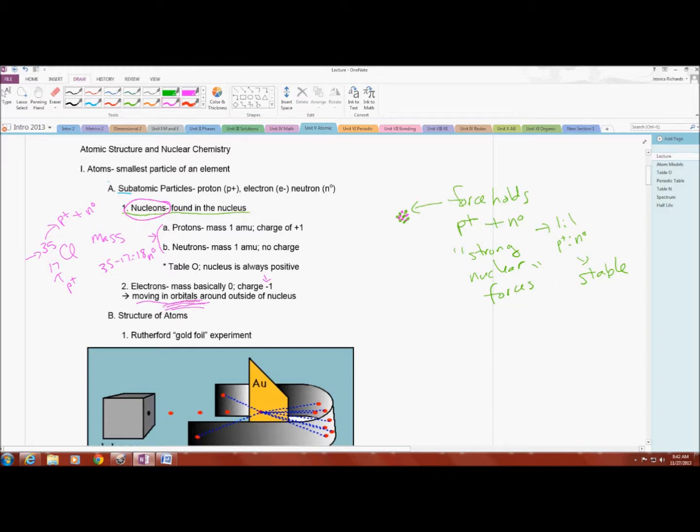And I will say this a whole bunch of times because one of the first questions on the final almost every single year has to do with where the electrons are found. In the modern model, electrons are found in regions called orbitals, moving around the outside of the nucleus. So your nucleus is positive, and you have a cloud of electrons moving around the outside that's negative, so an atom is neutral. If they use the word atom, it is a neutral particle, and the number of protons is equal to the number of electrons.